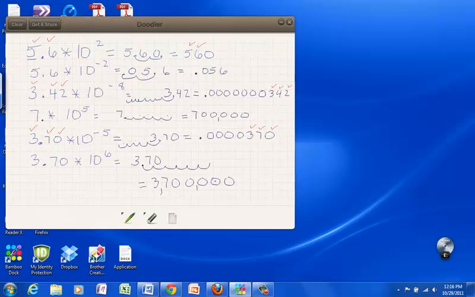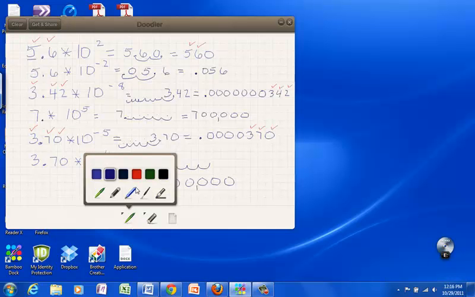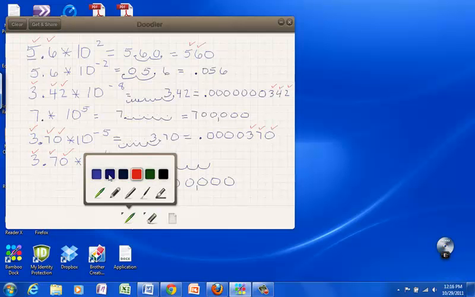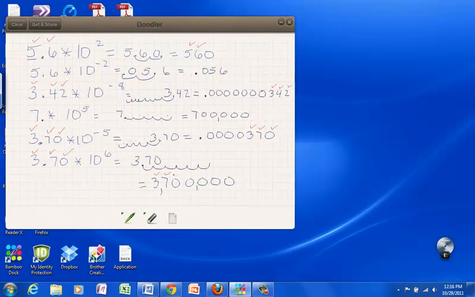Now this number looks like it has 2 significant digits, the 3 and the 7. But my original number had 3 significant digits. So this is the place where we now need to put a bar over that 0 so that it counts as a significant digit as well. It's much easier in scientific notation to show that this number has 3 significant digits than it is in our ordinary notation.